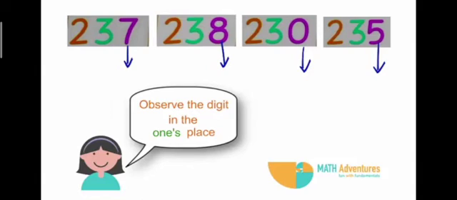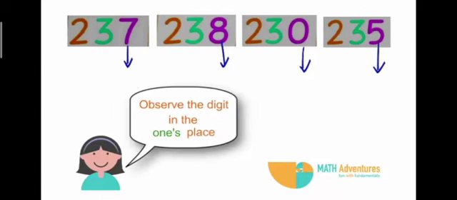So let's arrange these four digits from biggest to smallest. Which number is biggest among 0, 5, 7 and 8? Right, 8. Then 7, then 5 and then 0. That means 8 is bigger than 7, is bigger than 5, is bigger than 0.